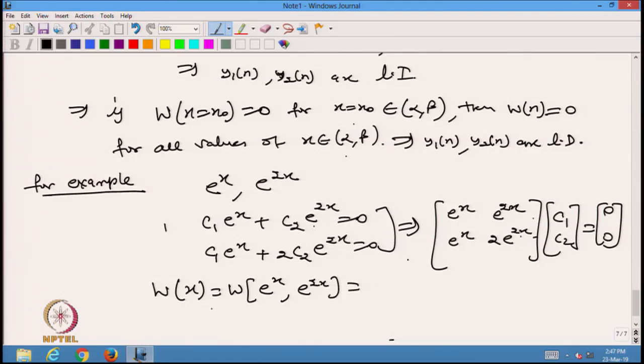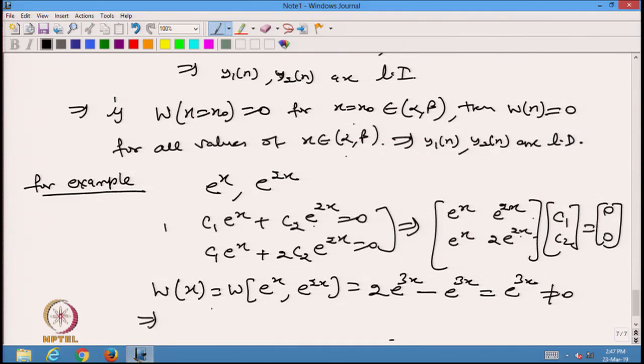This will be, I am taking the determinant of this matrix. So, it will be 2 times of this, so it will be 3x minus this one, e^3x, because e^x multiplied by e^2x, so e^3x. So, this will be e^3x, and I know that exponential is never equal to 0.